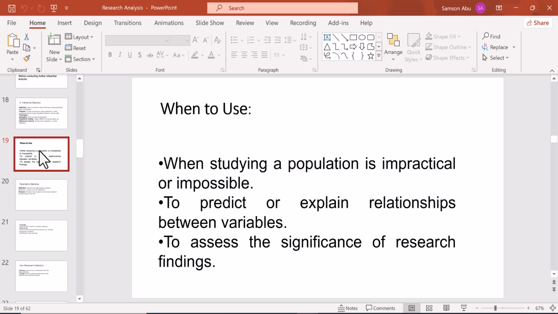When studying a population is impractical or impossible, that is one. When you want to predict or explain the relationship between variables. When you want to assess the significance of research findings, we use inferential statistics.